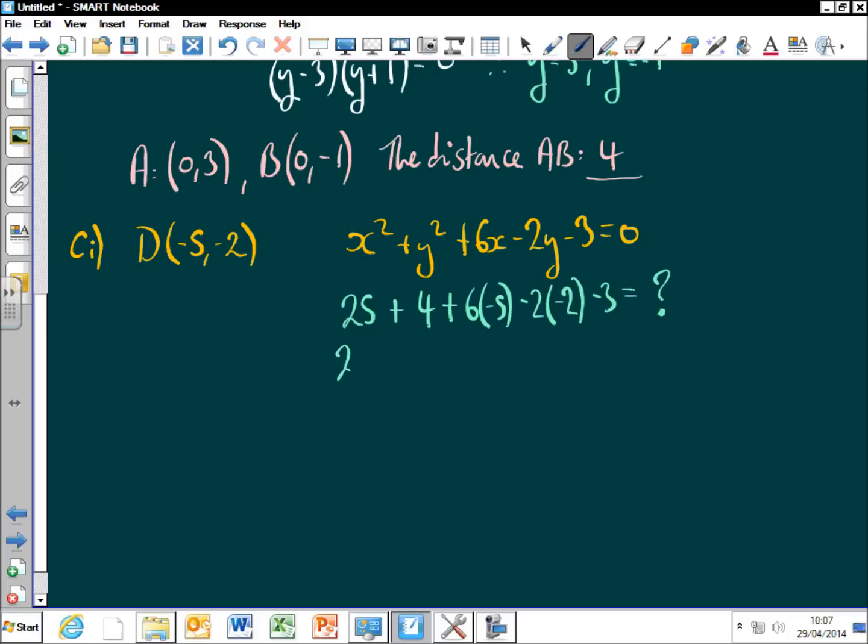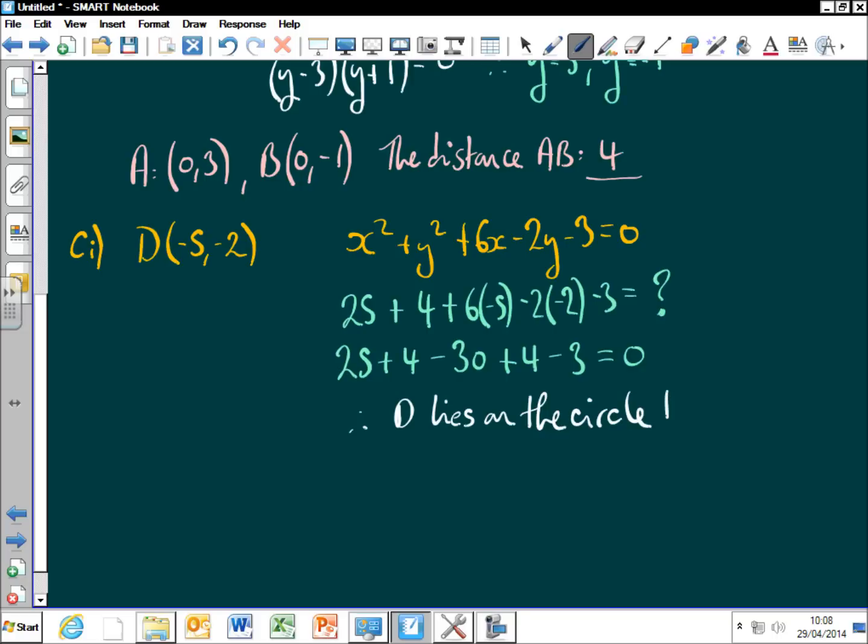This is 25 plus 4, this is minus 30, this is plus 4, and this is take away 3. 25 plus 4 is 29, take away 30, that's minus 1, plus 4, yeah, equals 0. And therefore D lies on the circle, because it satisfies the equation.